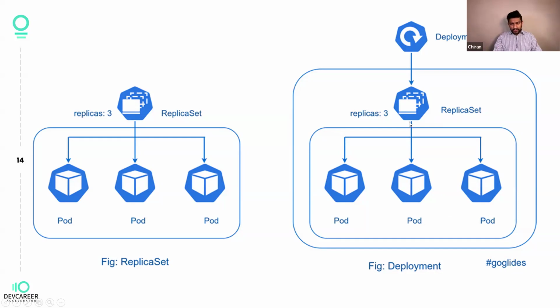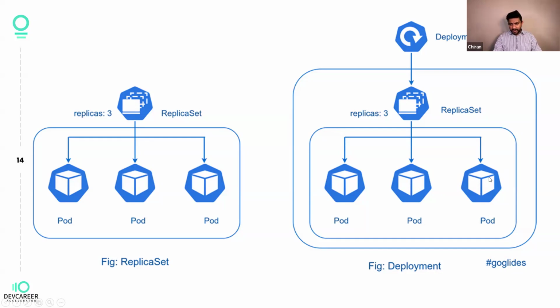What Kubernetes does is, let's say this pod breaks and stops working. The replica set identifies that it broke and is not working, and it will replace it with a new pod with the same application running, without even setting an alert.